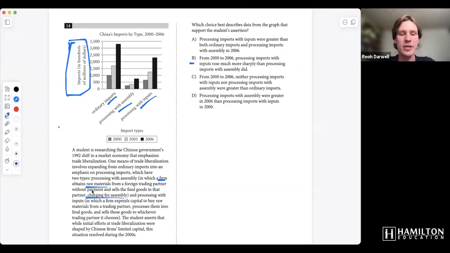Now, that is processing with assembly, okay? Processing with inputs means you actually expend capital to buy raw materials, processing them into final goods, and then sell those goods to whichever trade partner it chooses.